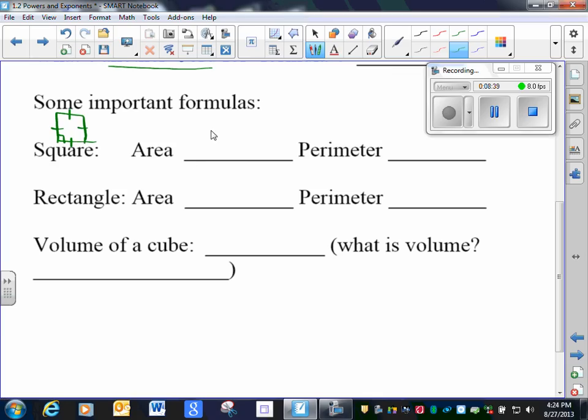The formula for the area, A equals, you need an equal sign in a formula. A equals side times side. We don't use length and width for a square because the sides are all the same length. There's not really a length or a width. There's just a side. And perimeter, remember the word rim in the word perimeter.